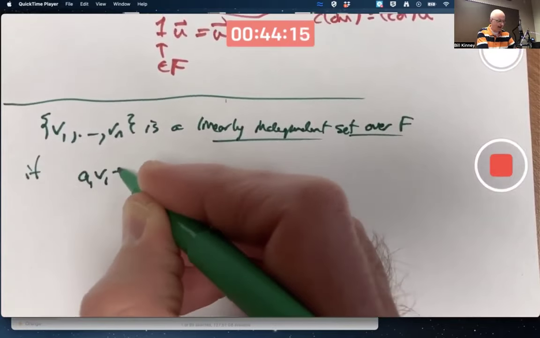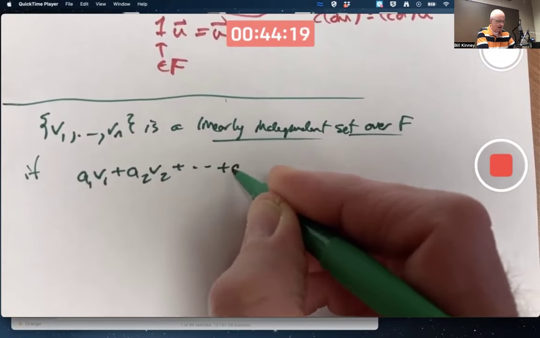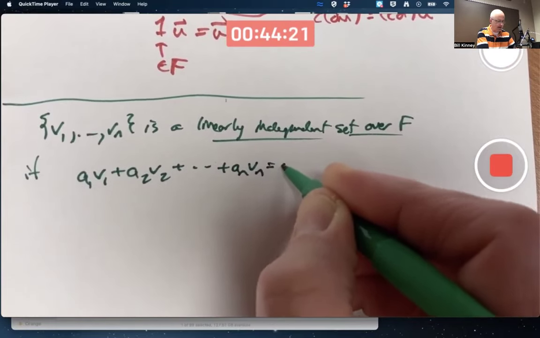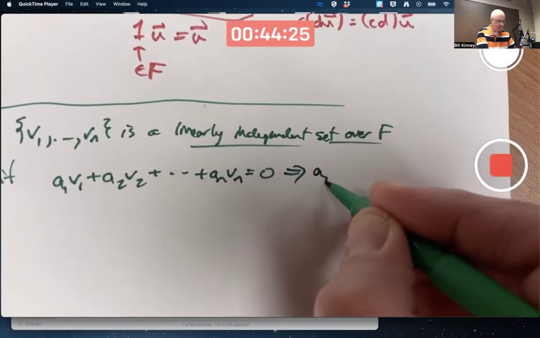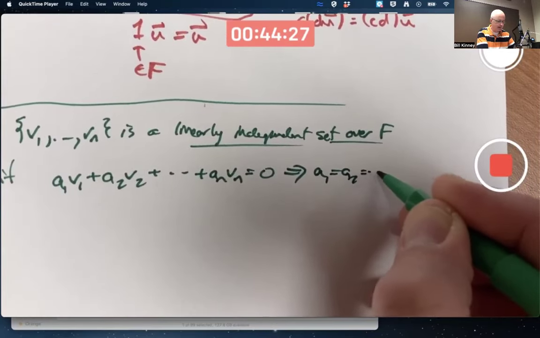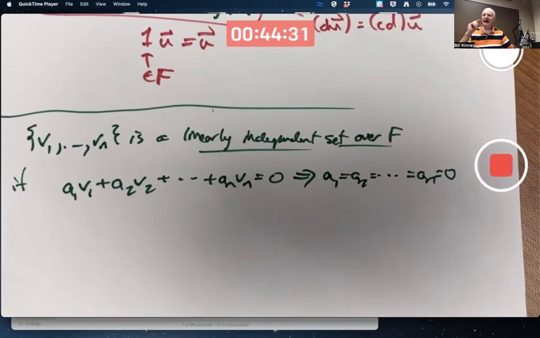If when you had an equation like this, where this linear combination equaled the 0 vector, that implied all the A's are 0. That was enough to imply all the A's were 0. That was your definition of linear independence in linear algebra, though in that class, the A's were taken to be real numbers.